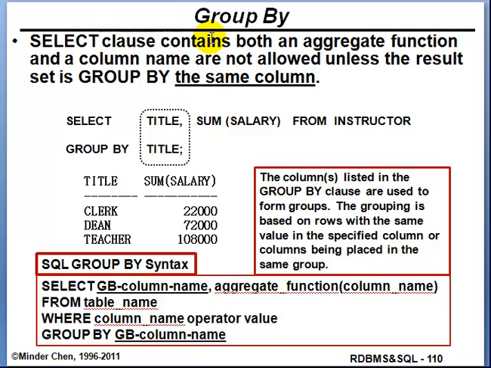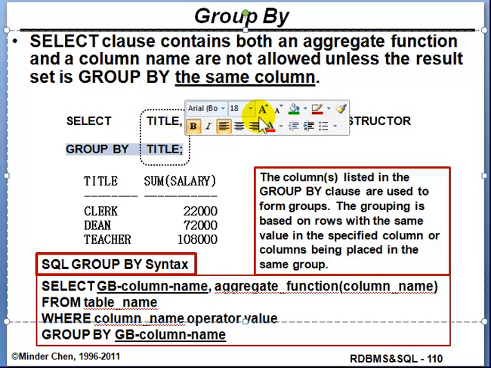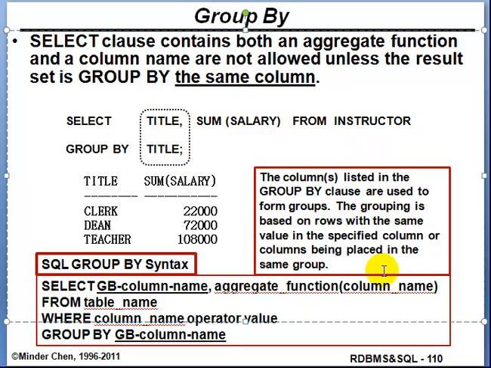In the select clause, if you have some aggregate function and a column, it is okay, but you have to actually have a group by clause referring to the same column. This is the column that we have in the select clause and some aggregate function from a table. In this case, you have to have this group by title to go with the select title and some aggregate function. Otherwise, it won't work.